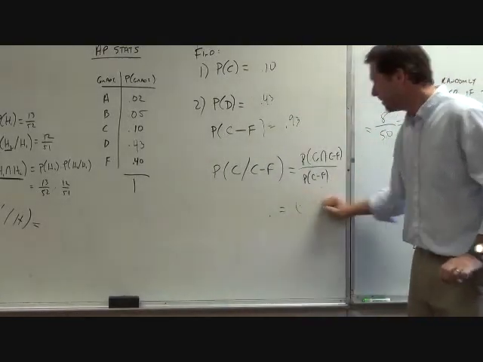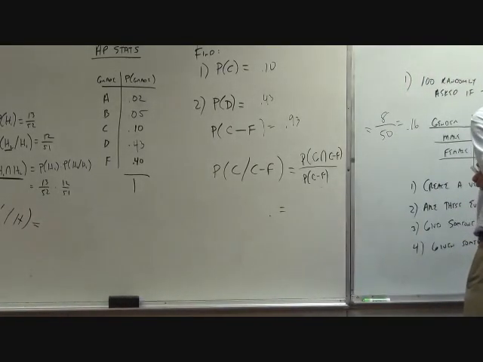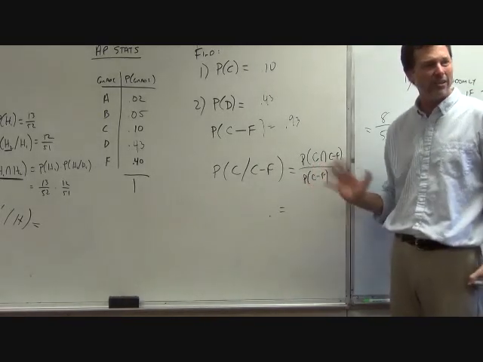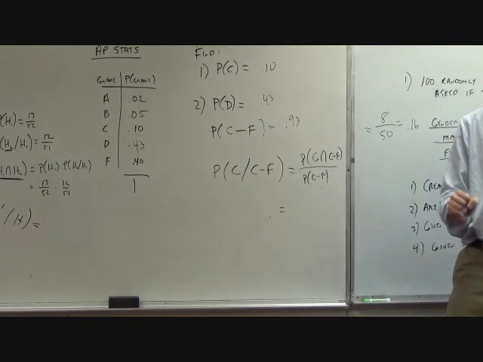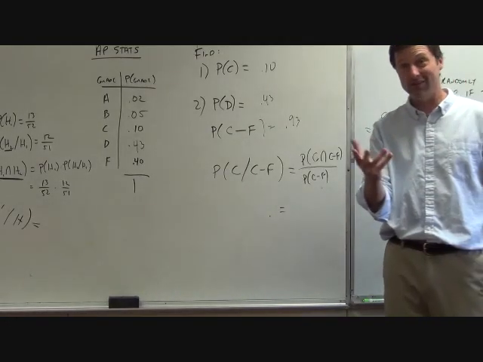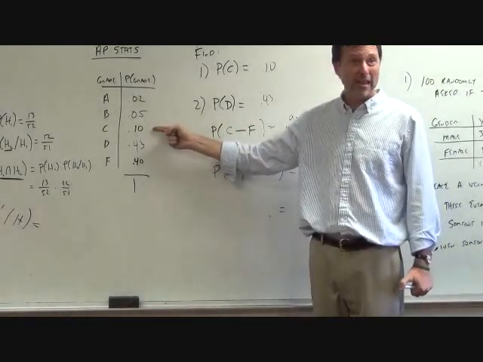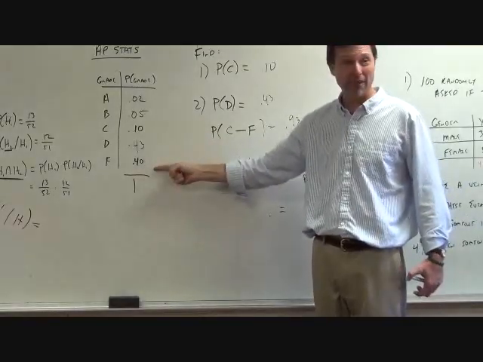No! Now let's think about this logically. What percent is the intersection? What do they have in common between students getting a C and students getting a C through F? It's just the C, isn't it? Isn't that what they have in common? The C is this 10%. The other group is the 10%, 43%, and 40%.